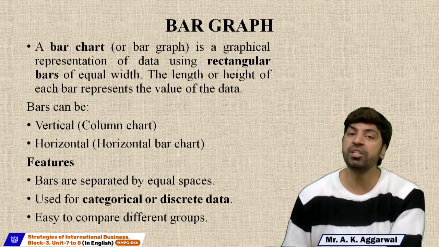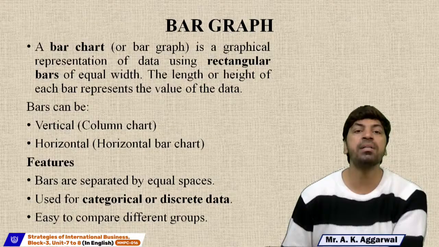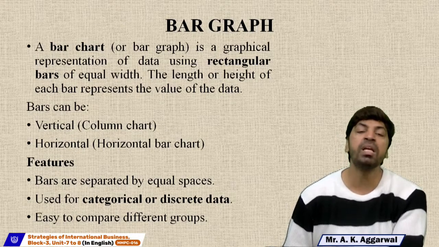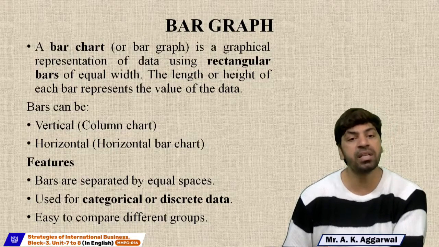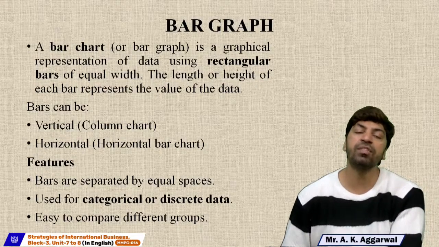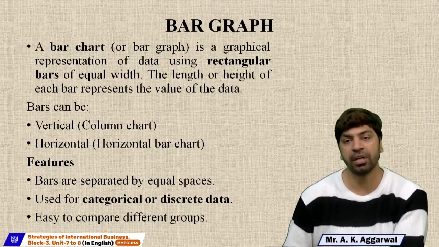A few features of this type of graph: the bars are separated by equal spaces. It may be used for categorical or discrete data, and it is very easy to compare the different groups when represented in the form of a graph.